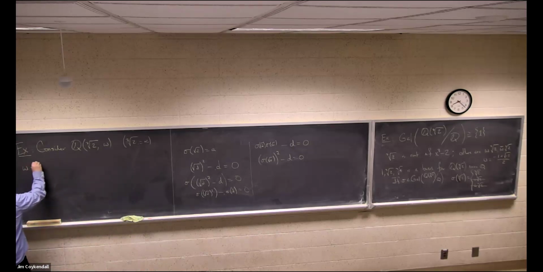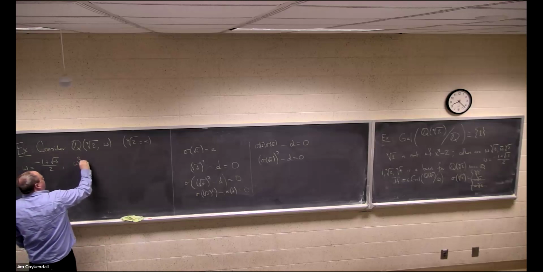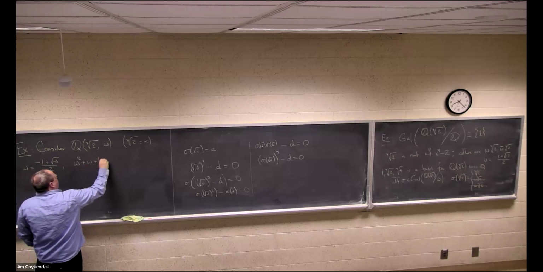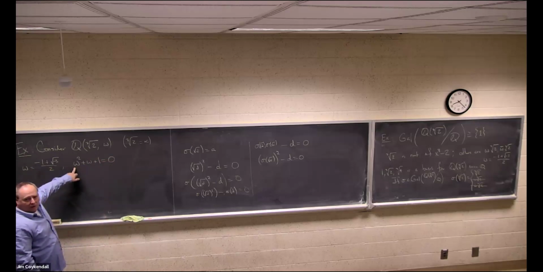And omega is... let me point out a couple things about omega that will be useful. The minimal polynomial for omega is this quadratic polynomial.